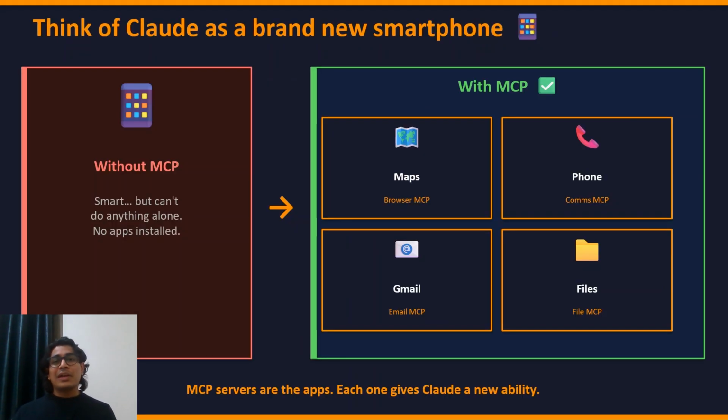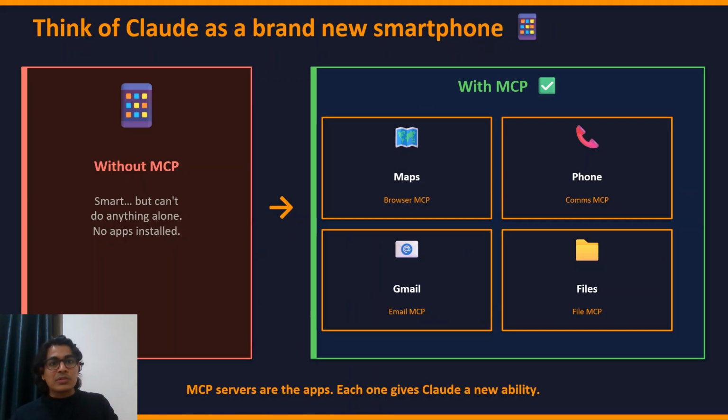Now, this is again a very extreme analogy, but this is what I believe, so I thought I can share this with you people. Let's suppose you have a smartphone. It does not have any apps inside it, right? So this smartphone is not of any use, right? But now let's suppose we install maps inside this, so I can navigate.